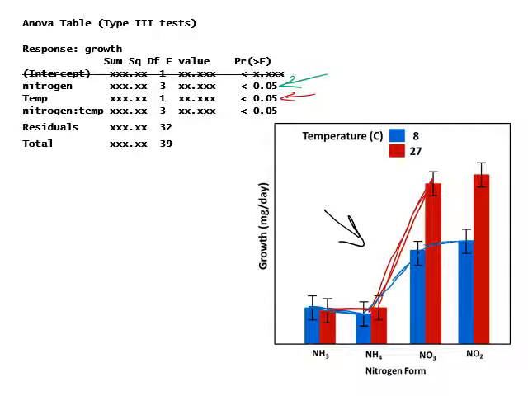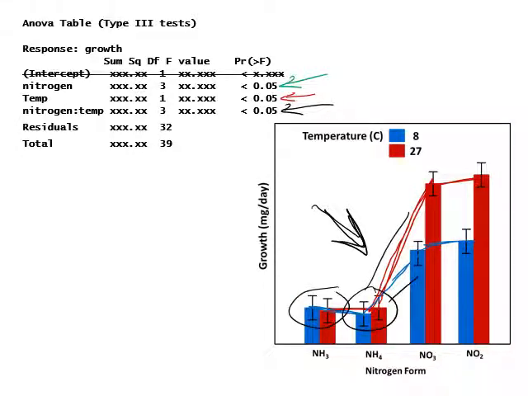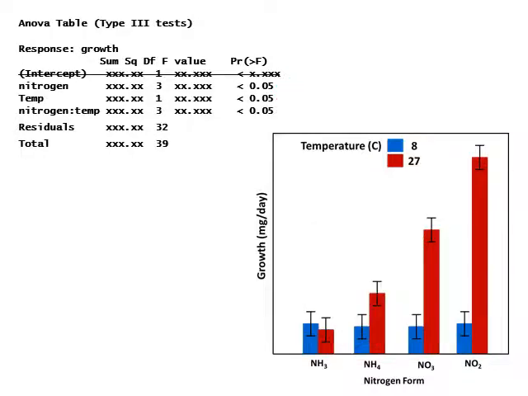And then here, again, these line segments are roughly parallel. But the problem arises here, these line segments are not parallel to each other, and that results in a significant interaction effect. The effect of temperature on growth depends upon what form of nitrogen you're looking at. At NH3 and NH4, there is no effect of temperature, but in NO3 and in NO2, there is an effect of temperature.